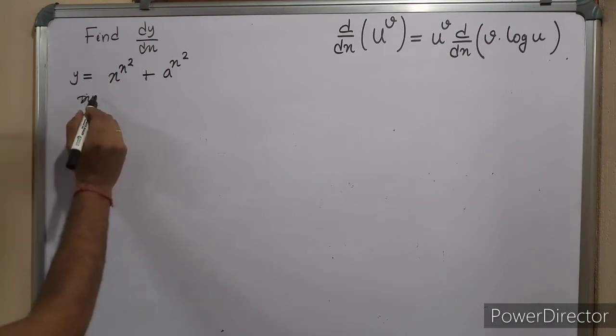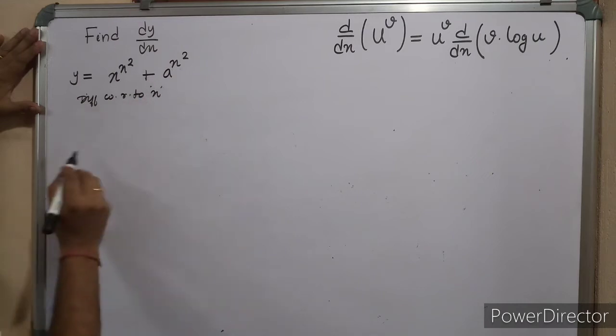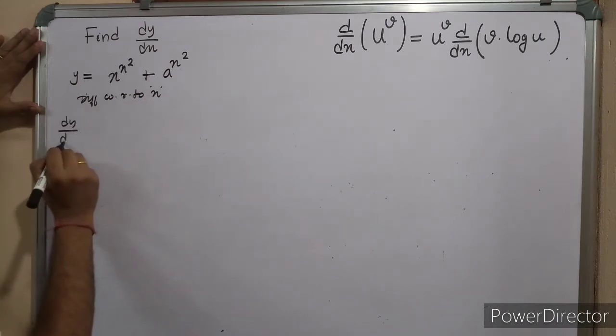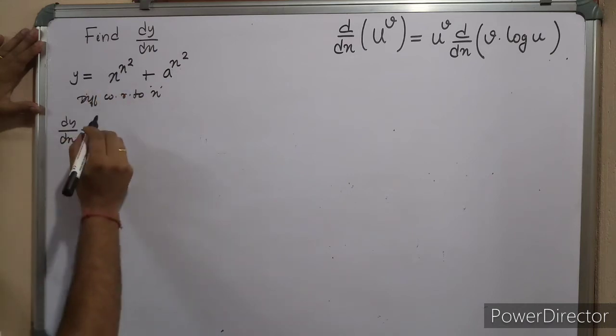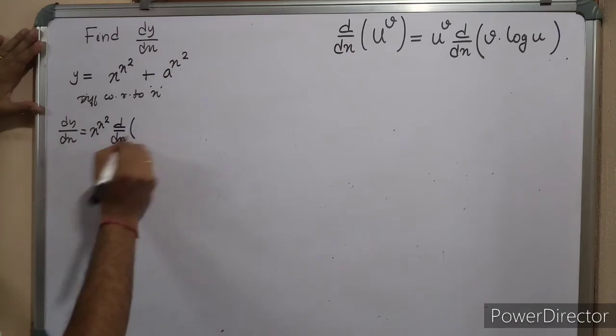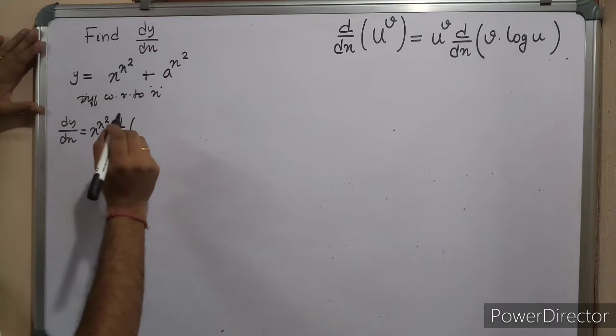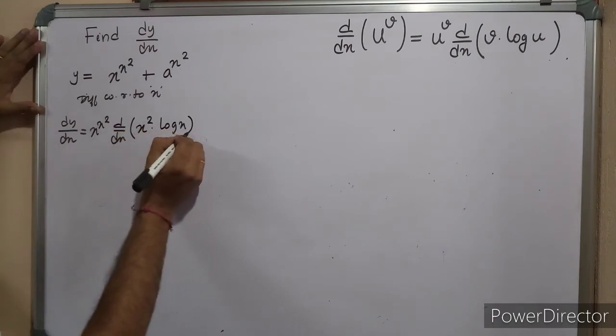Differentiating with respect to x, dy over dx equals the derivative of u to the power v, which is u to the power v, d by dx of u, where u means x and v is x square, into log x.